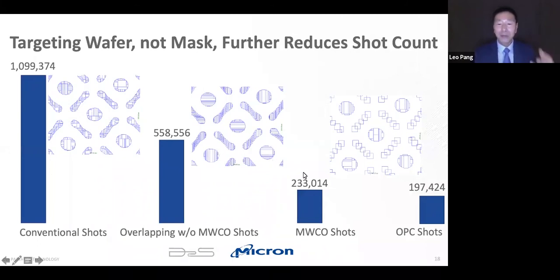Then if we do MWCO, we can further reduce the shot count by another half. So now we have less than 250,000 shots. Compared to the OPC shot count, which is about 200K shots, the shot count is comparable. That means the write time is comparable to OPC.